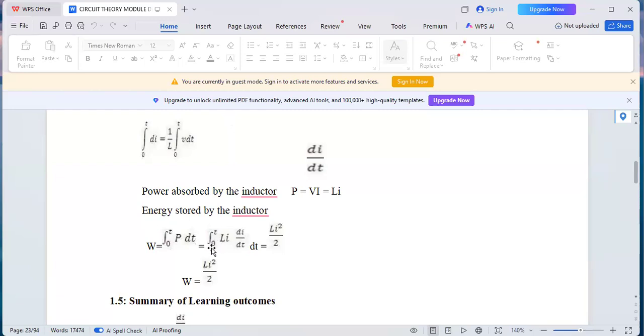The integral of L i with respect to dt, di/dt dt, equals L i squared over 2.